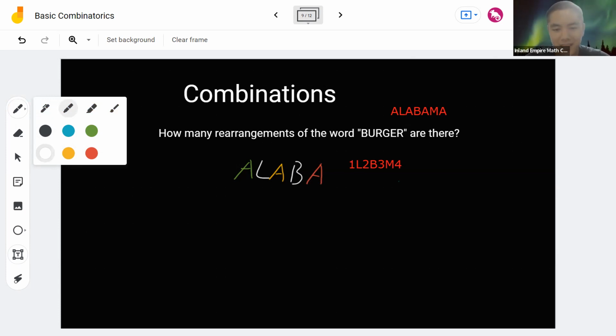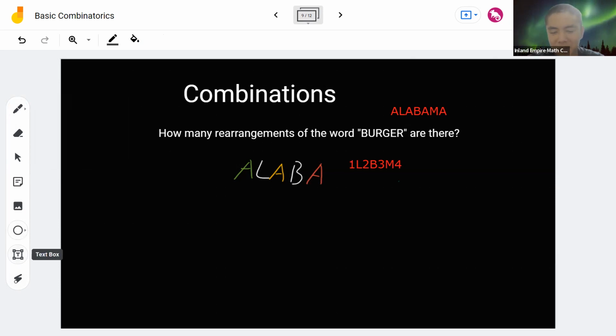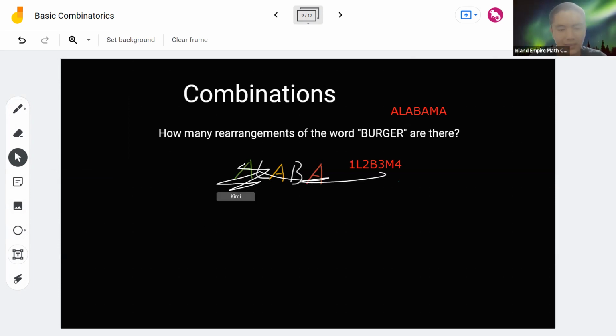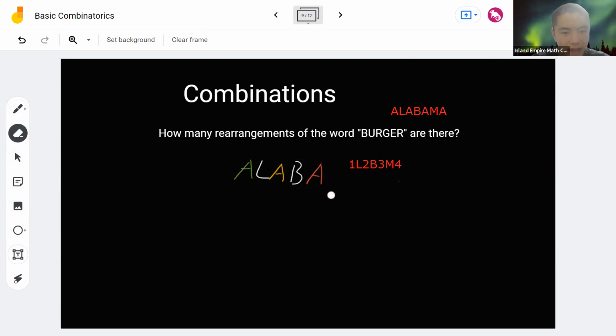I'm gonna type this. So let's pretend that we're actually rearranging 1, L, 2, B, 3, M, 4. All of the numbers represent the letter A. We're just giving them a temporary distinction. So if we rearrange this, we would have identity.